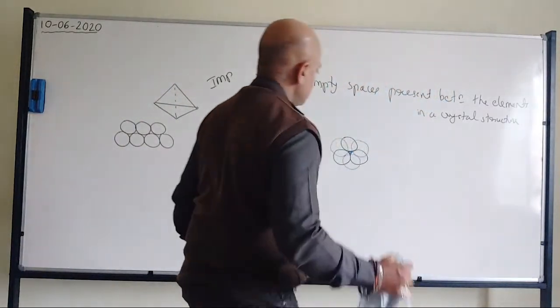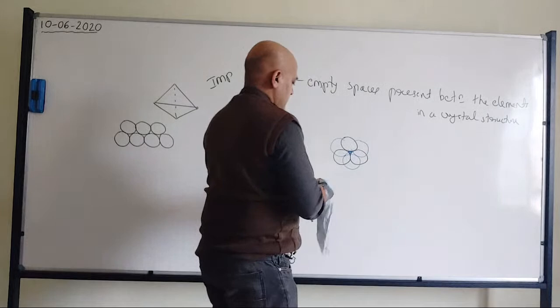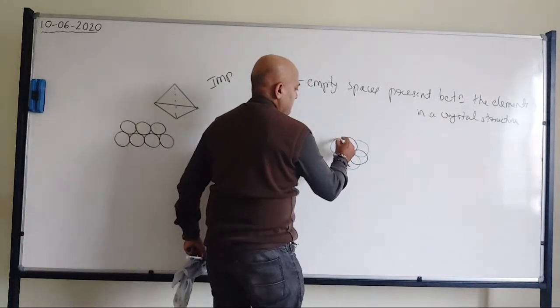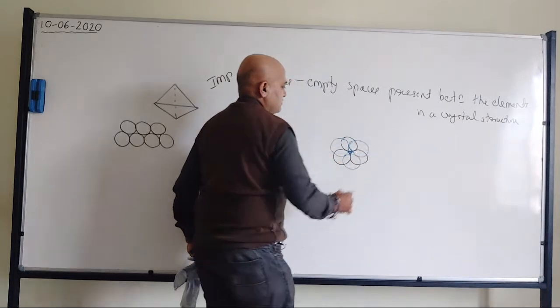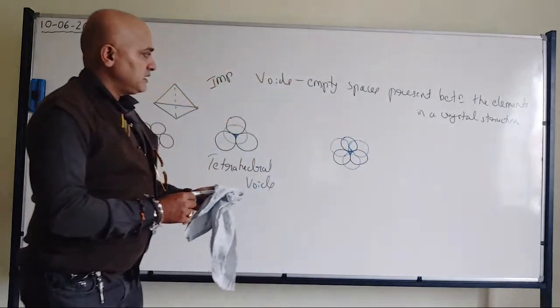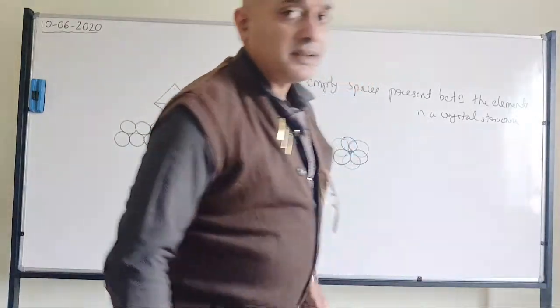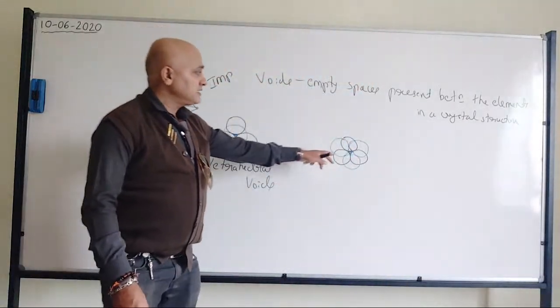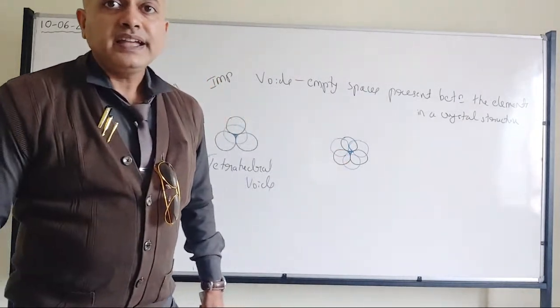Actually, they should touch each other. So when I am placing the second row, I will place it in such a way that this one should not be closed. Now what is happening to the voids? Whether this void has been blocked when I am placing the second row. Anyone?